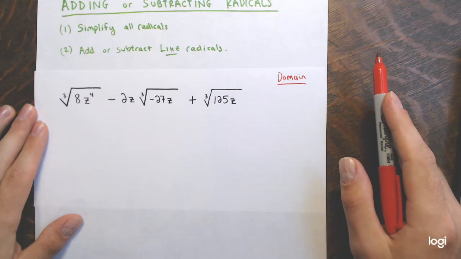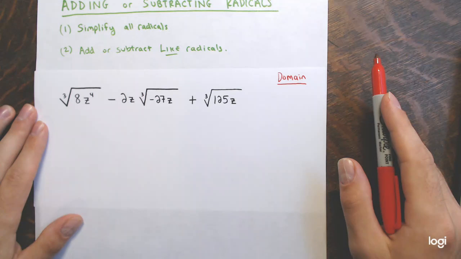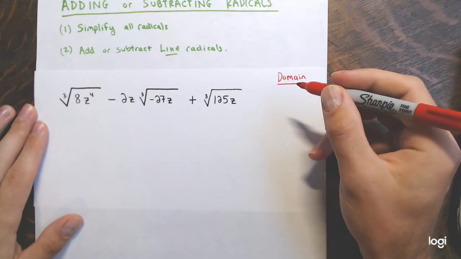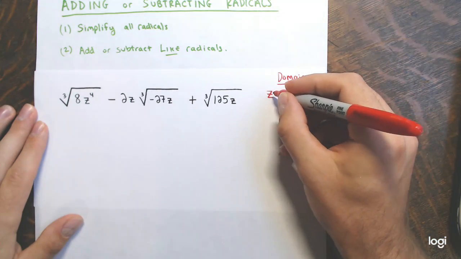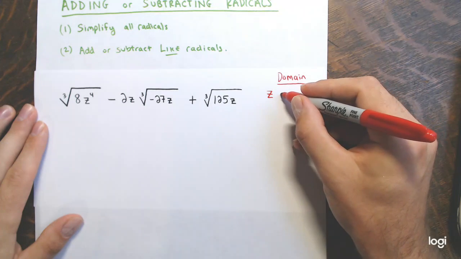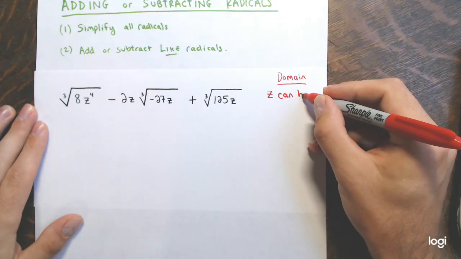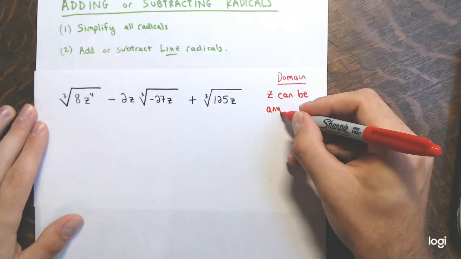All right, and then I'm also not seeing any denominators that could possibly be 0. I'm not seeing anything to a negative power where the base could be 0. So just as a couple examples ago, I can replace z with any real number. z can be any real number.